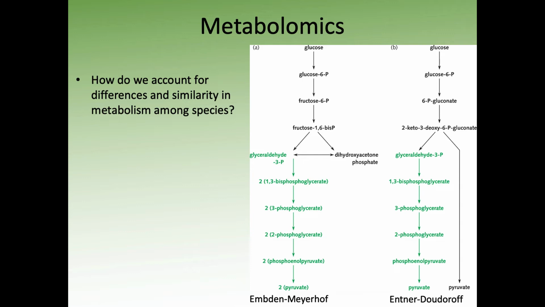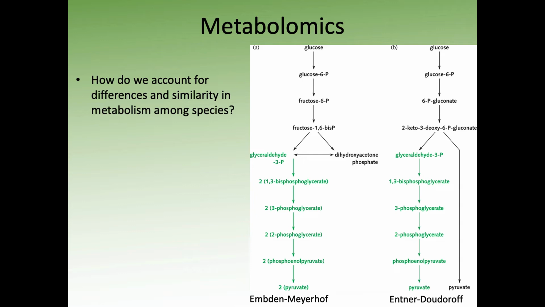Other things that we can notice about these pathways is they don't always work in a way in which we get to the same product in the same way, right? And so when we think about metabolism, we're often interested in trying to figure out why some things are different and why some things are similar among species.